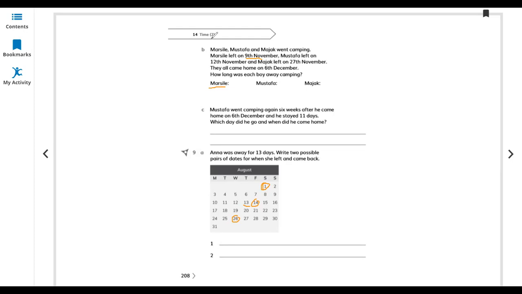So from 9th in November, we have 30 days, from 9 to 30 is 21 days, and then for December, 1 until 6, so 6 days. So 21 plus 6, 27 days.